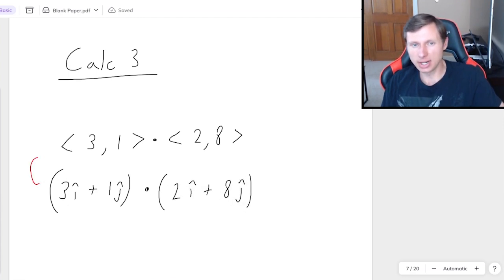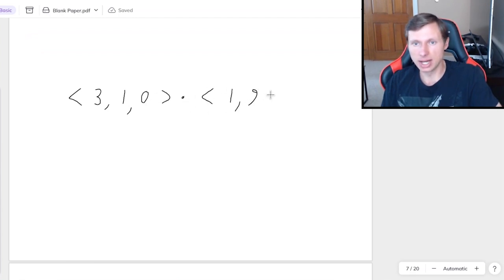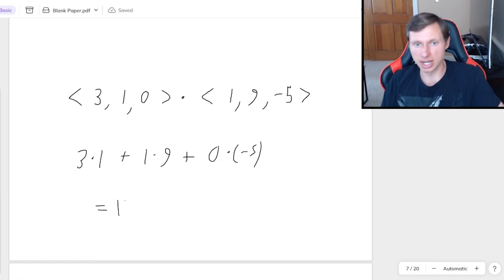And I don't know why we write it with these angled brackets, but this is the notation we commonly see in Calc 3. And again, this is for a two-dimensional problem. If it were a three-dimensional problem, it would be like <3, 1, 0>, dot product with <1, 9, -5> or something. And again, very quickly, it's 3 times 1 plus 1 times 9 plus 0 times -5, giving me a final answer of 3 plus 9, 12.